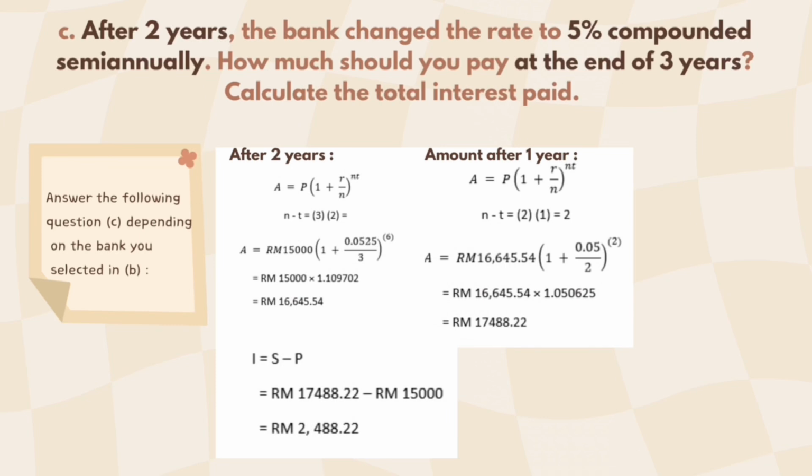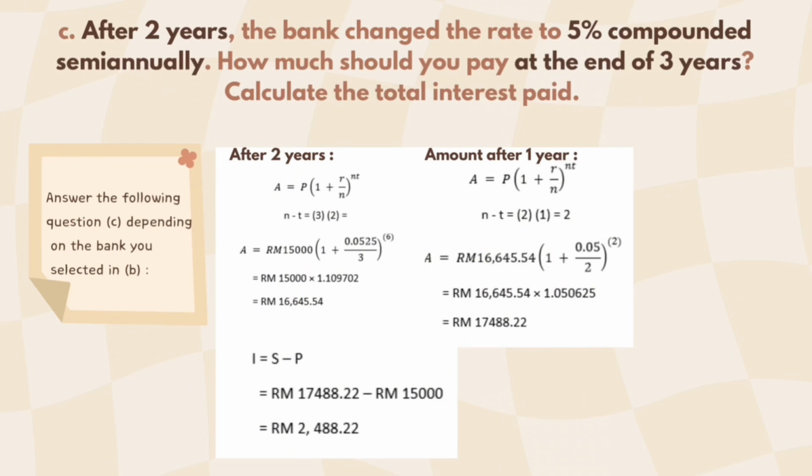The new principal is going to be the amount we just calculated, which is 16,645 ringgit 54 cents. We are using the same formula as earlier, which is going to be 16,645 ringgit 54 cents (1 plus 0.05 divided by 2) with the power of 2 minus 1.